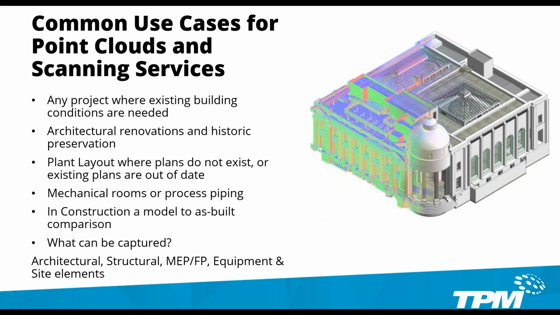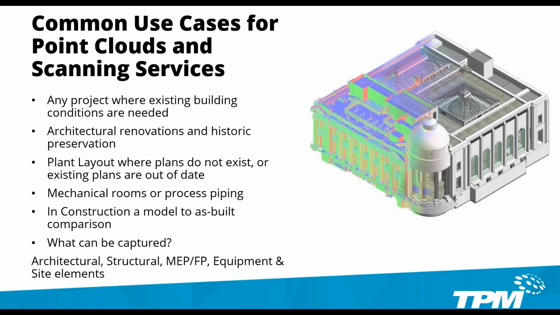We also do a lot of work with manufacturing facilities to capture the plant layout, where plans maybe don't exist, or more likely they have a set of plans, but it hasn't been kept up to date, and equipment's been moved around, and things have been added to the plant, and they don't have a complete up to date set.